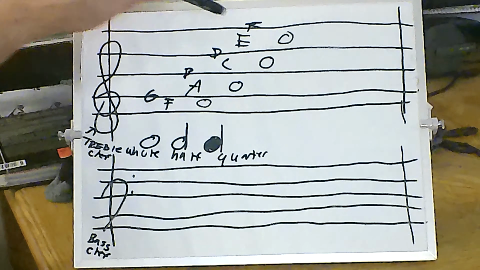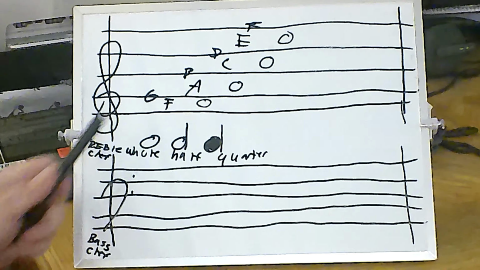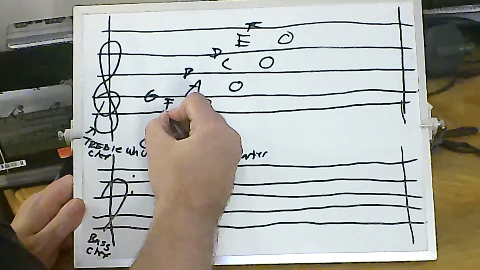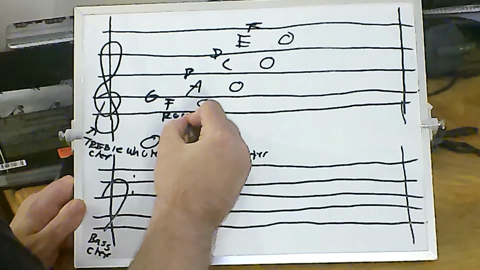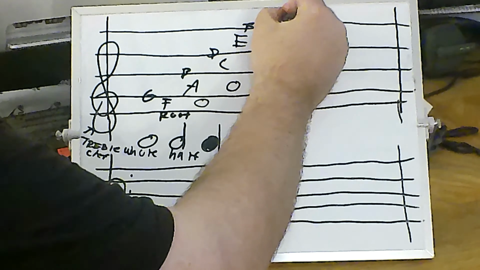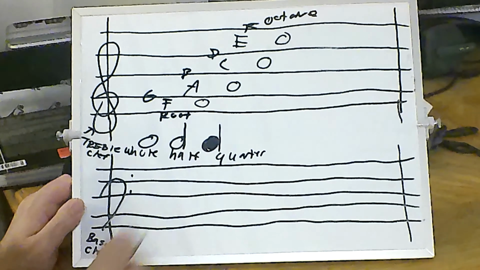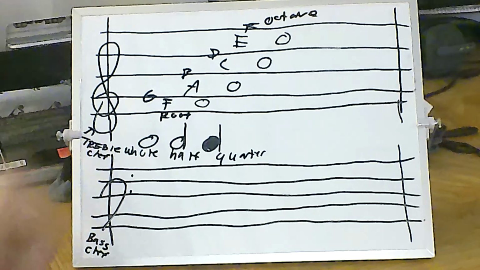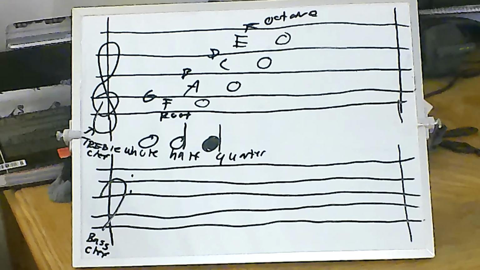The reason this is an F and that's an F is that this would be our root, and this would be our octave. The octave and the root are basically the same note, just at a different pitch.